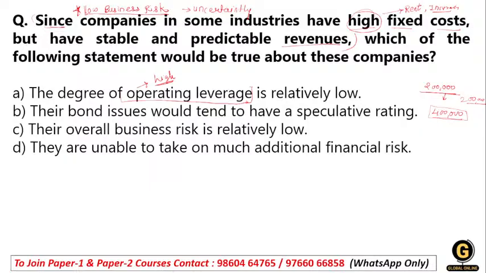If the company's fixed cost is high, the operating leverage for that particular firm will be higher, meaning a small change in revenue can lead to a significant change in profit, isn't it? Suppose the revenue is 3 lakh and it goes down a little, your profit goes down by 1 lakh rupees. So this is not a correct statement, because they use the word low.